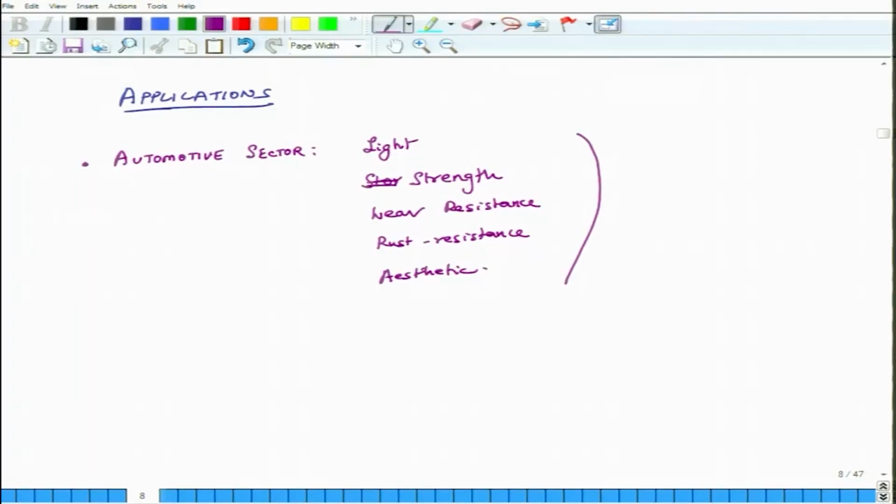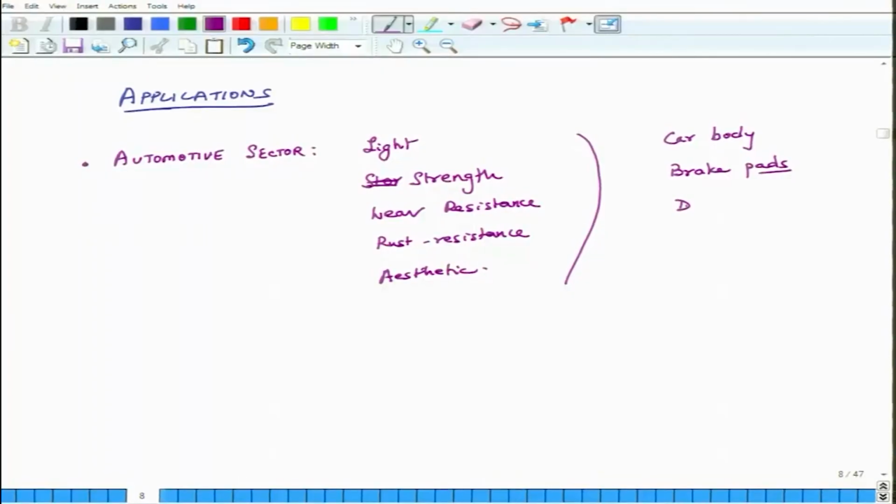And in this context, where do we use these? We use these composites for the car body. We use them in brake pads, where they provide wear resistance. If you have a car at home and you open it, its clutch or brake pad, either of those, you will see that some parts are made from composites.